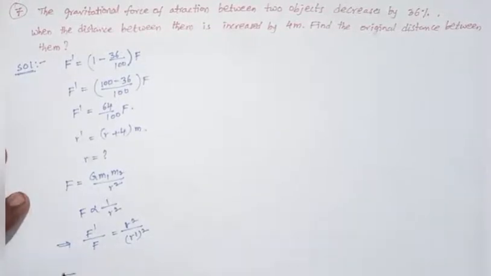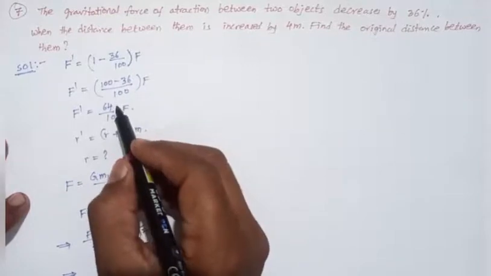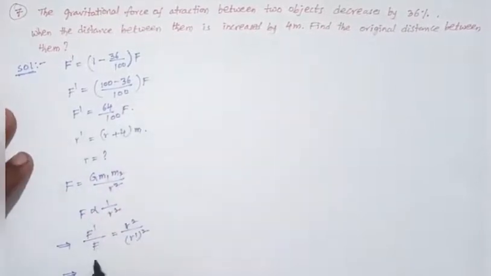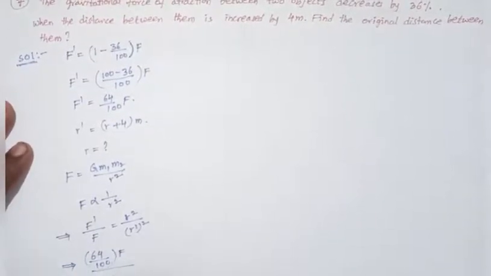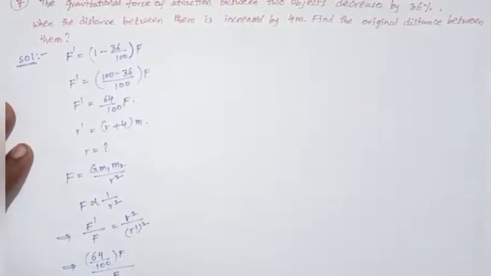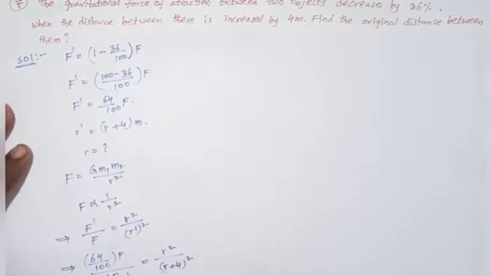So what is F dash? F dash is nothing but 64 divided by 100 F, divided by F by 1, equals r square divided by r dash, where r dash equals (r plus 4) whole square.